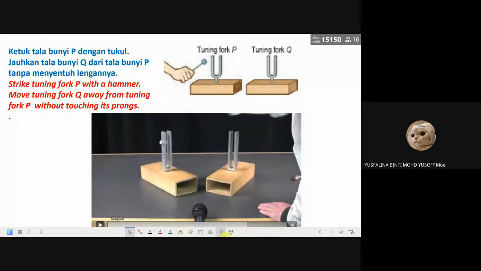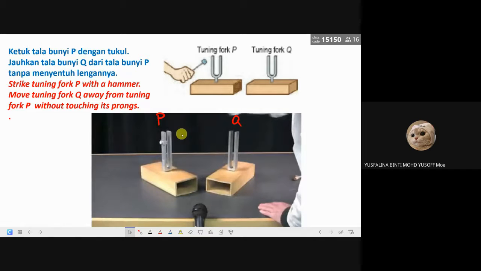Alright, so I'll explain again. You strike tuning fork Q. Let's say this one is Q, this one is P. Before this, both of them are identical, so they have the same frequency. When you hit tuning fork Q, it will vibrate and produce sound.